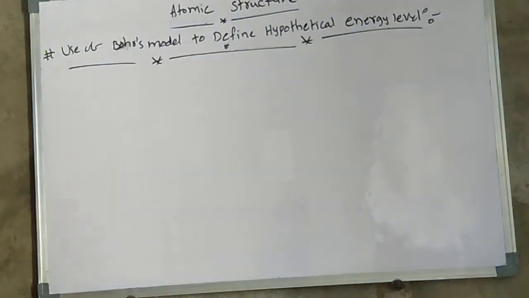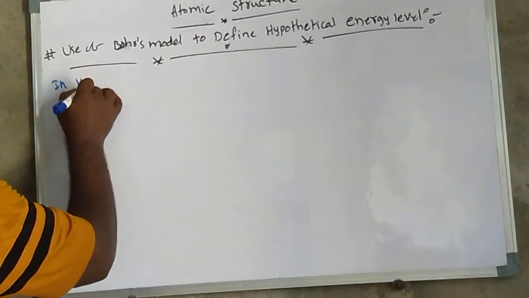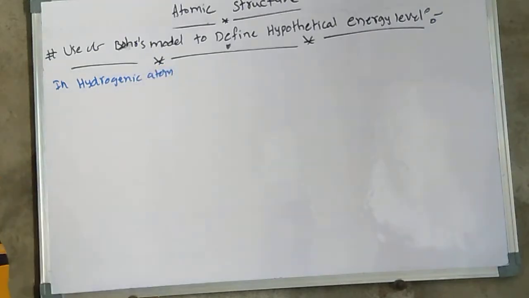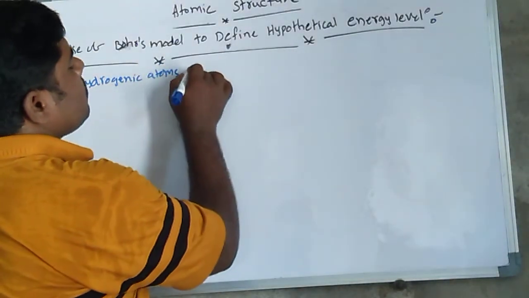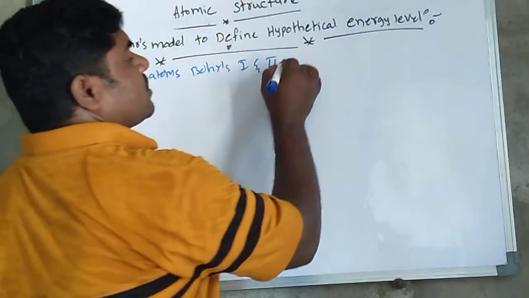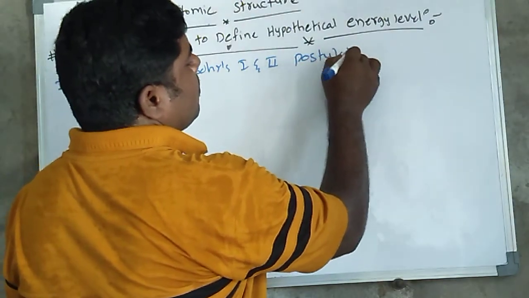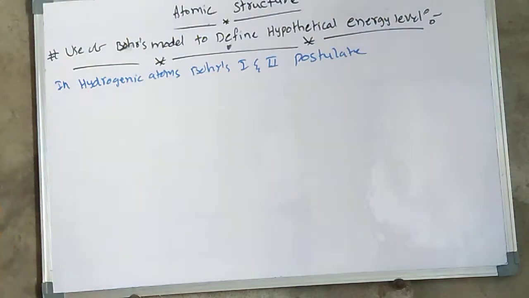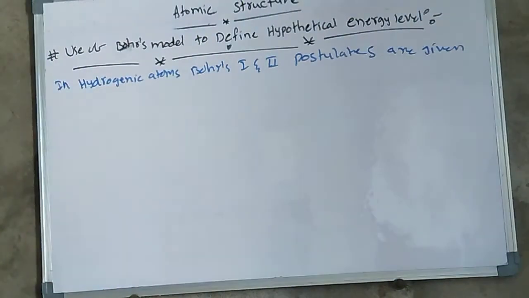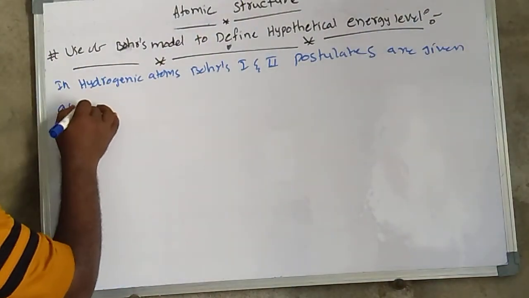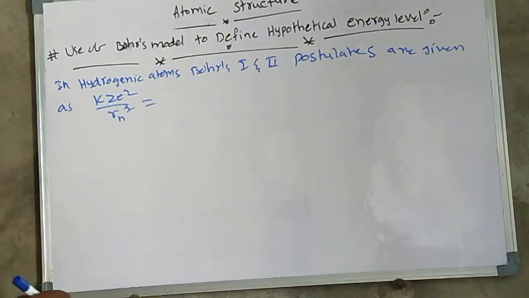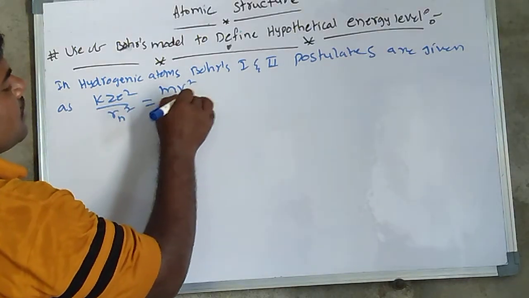So in hydrogenic atoms, Bohr's first and second postulates are given as: in the first one, k Z square divided by Rn square is equal to the centrifugal force m vn square divided by Rn.